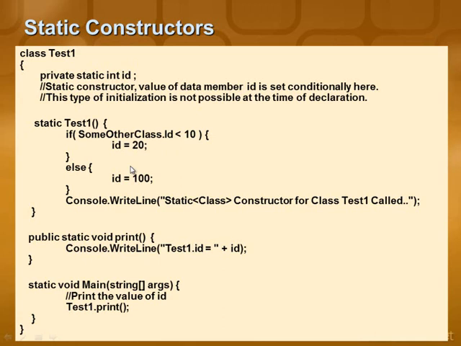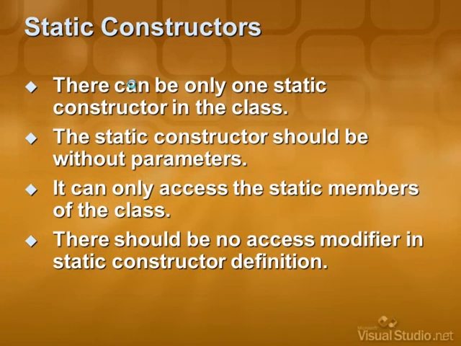So remember, this ID must be static. It is not the static. So assume that I would have created a constant, or you can create a private or anything. So this ID is based on the value of some other class or some other things. So when the class is loaded, remember it is not the object. When the class itself is loaded, you want to have some values that are fixed based on the environment. In that case, you can go for that. That is the static constructor.